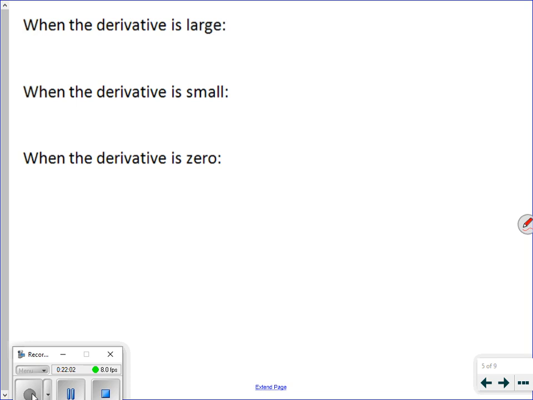So let's think about the derivative. Remember, the derivative is an instantaneous rate of change. It's a number, it's a value, it's telling me a slope. What if we have a large value for the rate of change? What does that tell you about the curve? How about that the curve is really steep?